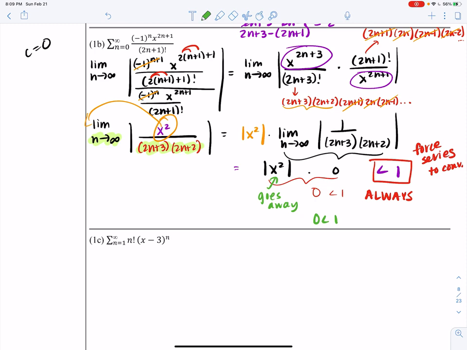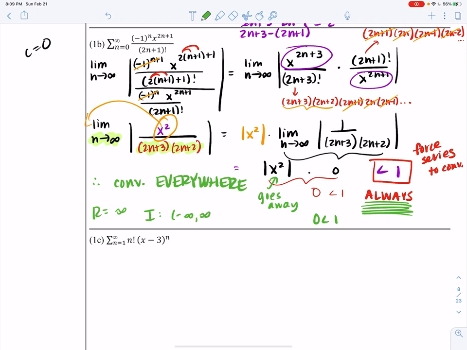This actually means this converges everywhere, because that means it doesn't matter whether I get any value of x. It's going to converge for all x because this is always true, no matter the value of x. So that tells me that my radius is infinity and my interval of convergence is negative infinity to infinity.